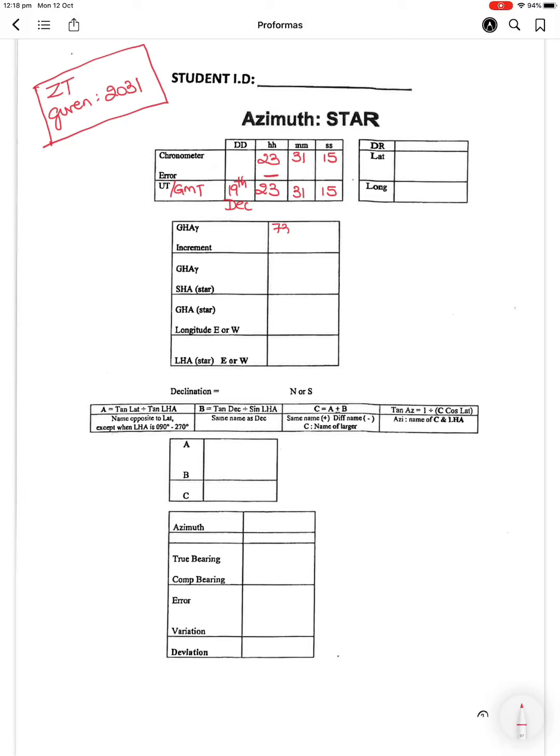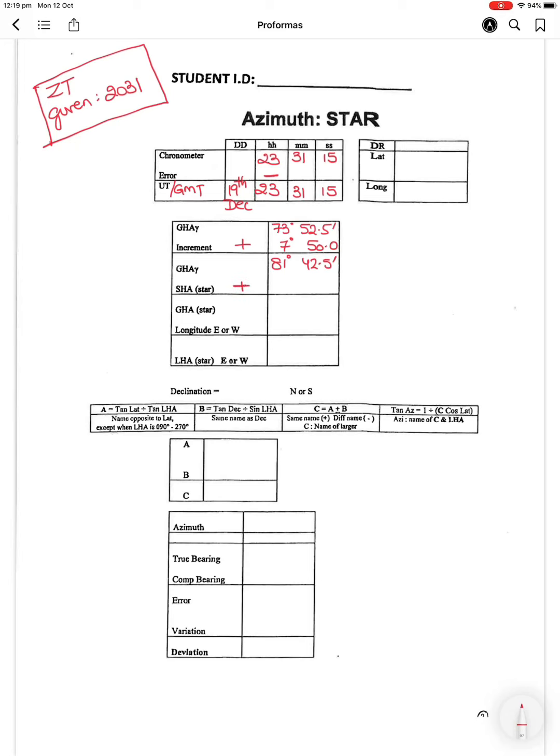My GHA Aries was 73 degrees 52.5, right? My increment, which is always added to GHA, was 7 degrees and 50 minutes. So if I add these two together, I will get a GHA Aries of 81 degrees 42.5 minutes.